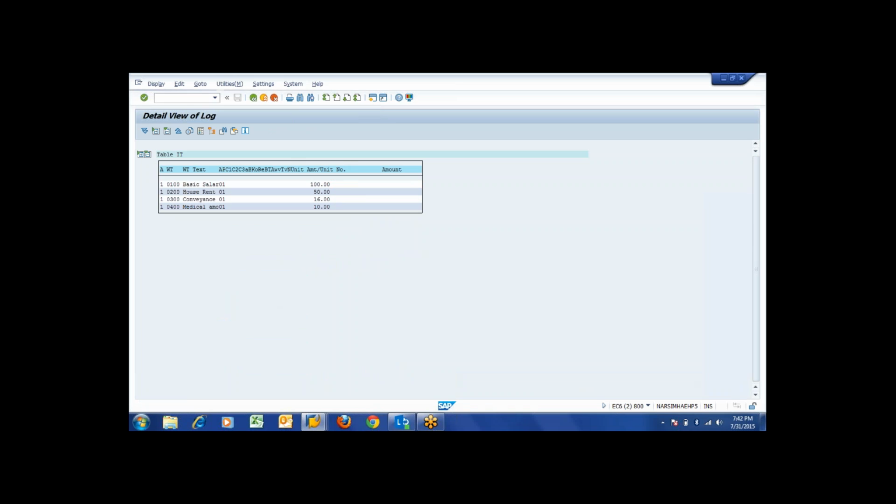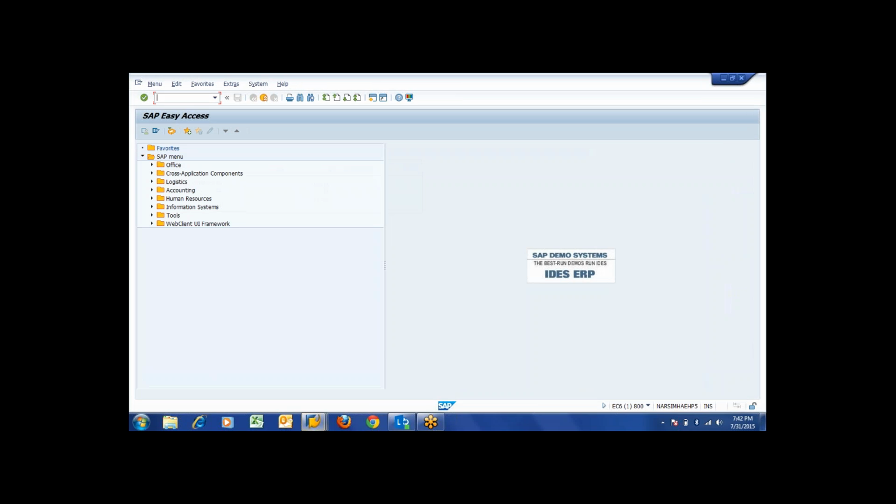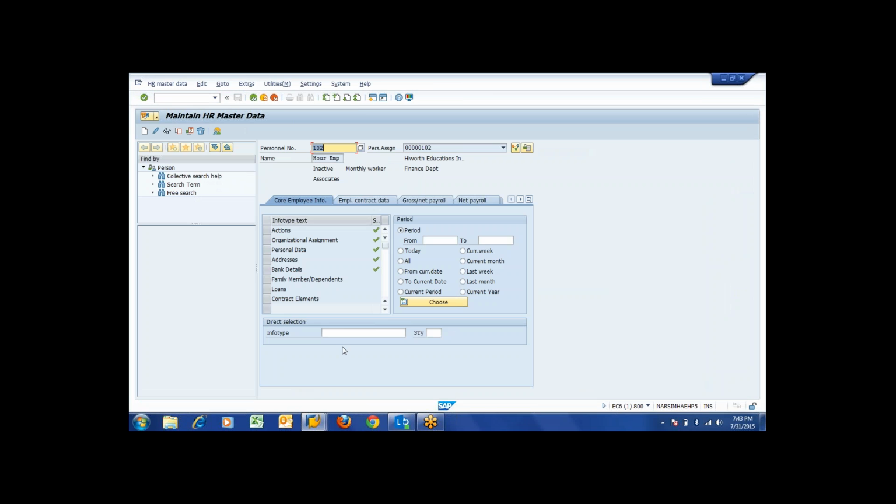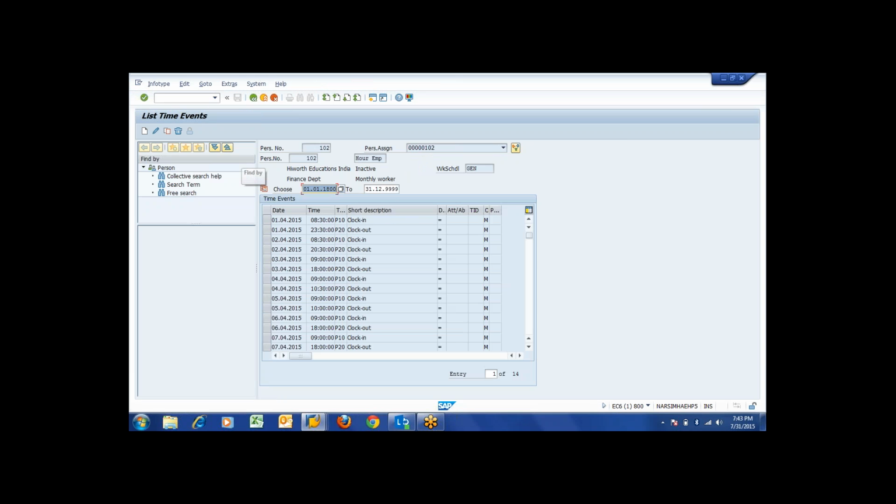If you go to PA30, infotype 2011, his time events were already maintained for almost 1 week for the employee, from 1st of April to 7th of April, clock in, clock out.